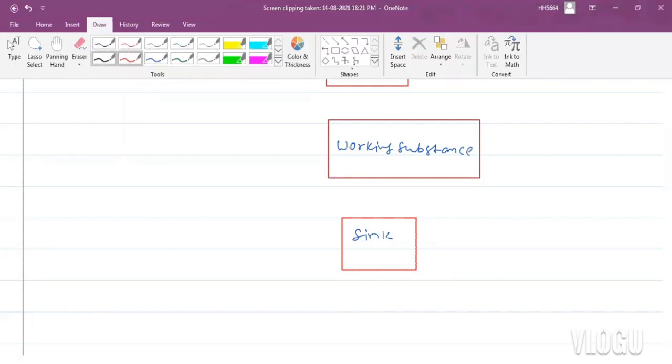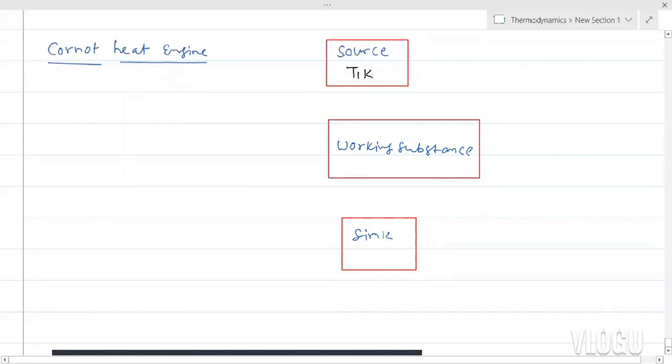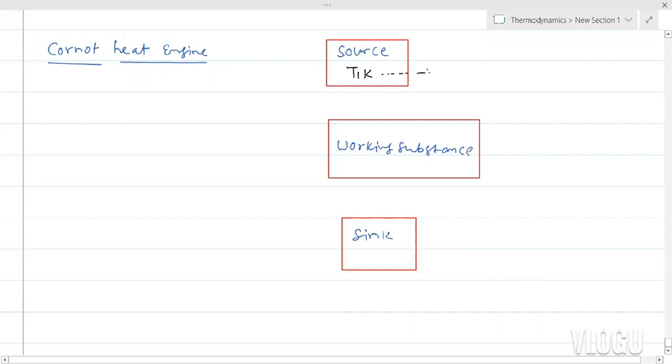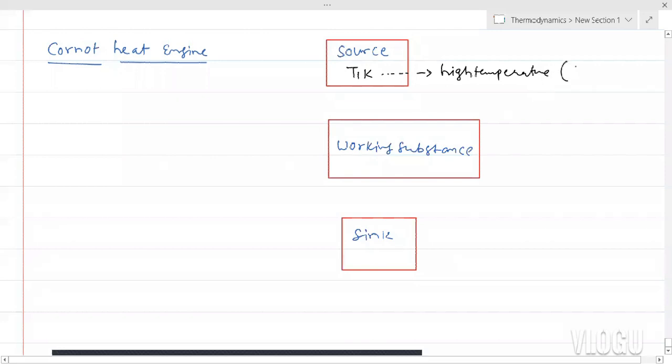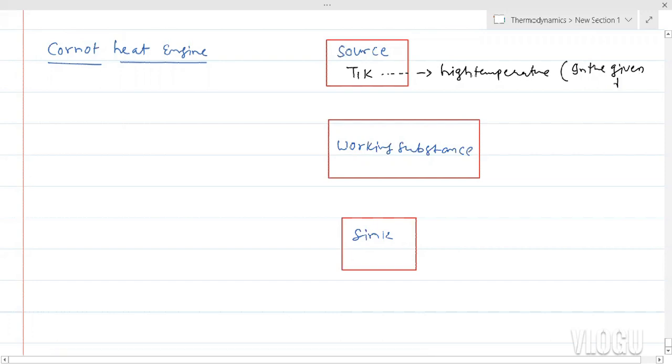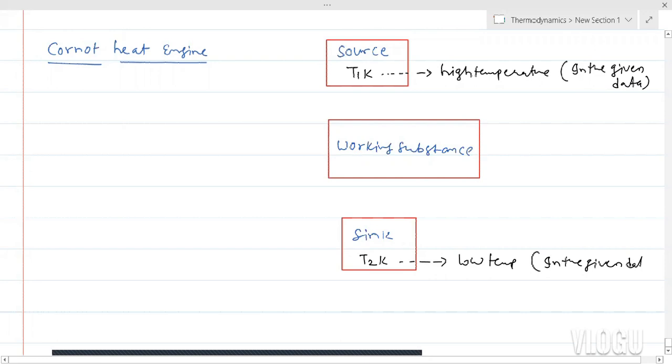In the given data, always choose high temperature for the source, and similarly the sink is low temperature. Always choose low temperature in the given data.